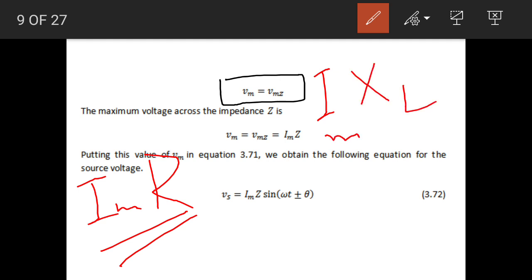So if we know the maximum value of the current in the inductor and the inductive reactance of the inductor, we can find out the maximum voltage across the inductor. Similarly, the maximum voltage across the capacitor is equal to the maximum value of the current multiplied by the capacitive reactance. So if we know the maximum value of the current in the capacitor and the capacitive reactance of the capacitor, the product of these two quantities results in the maximum voltage across the capacitor.